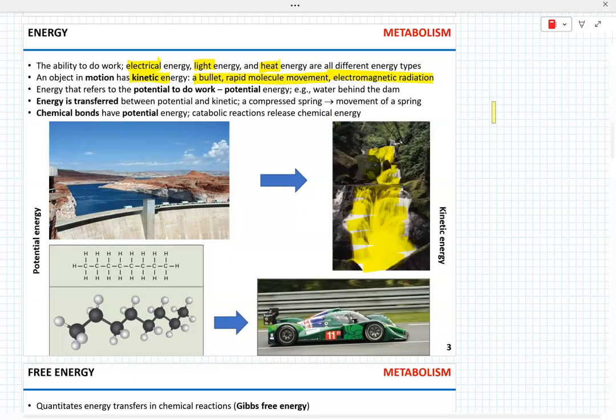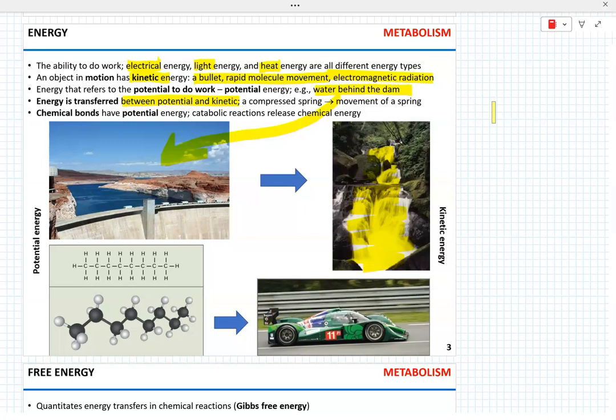The energy that refers to the potential to do work depends on the position or structure of an object. So, for example, the water behind the dam has potential energy which can be converted into kinetic energy if the dam will be open.